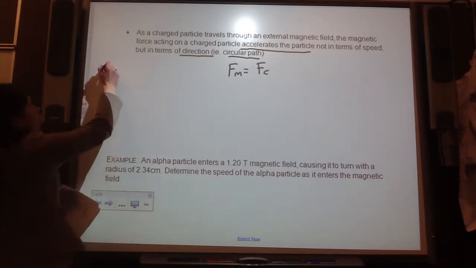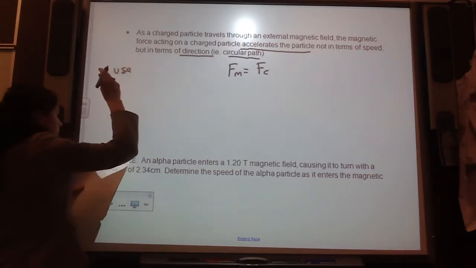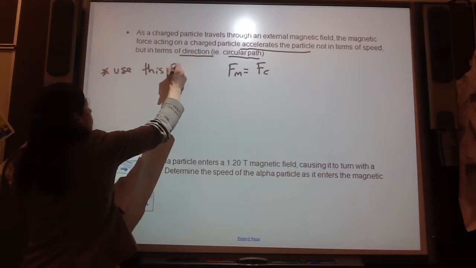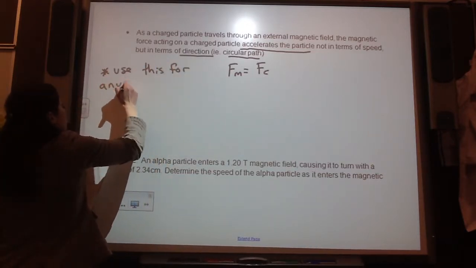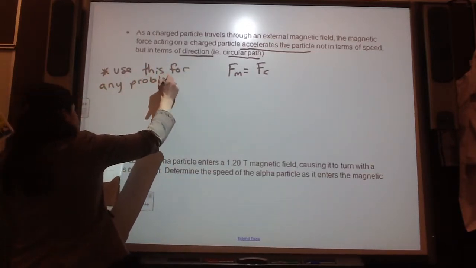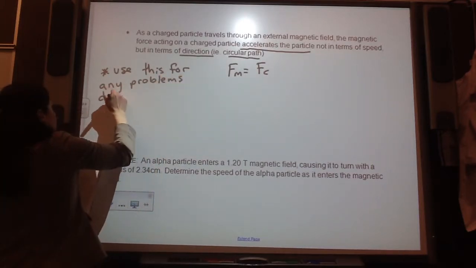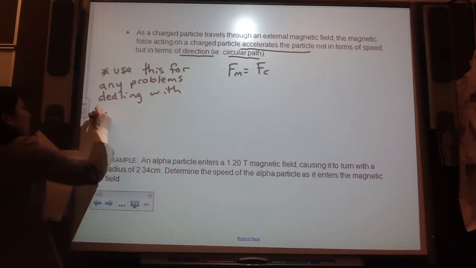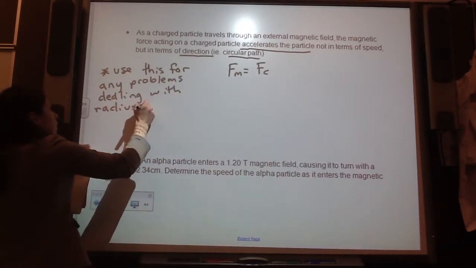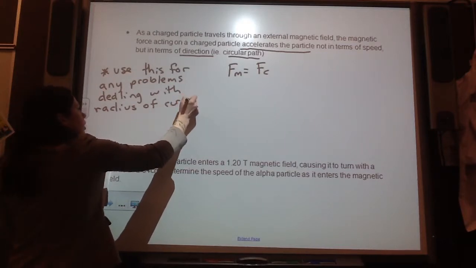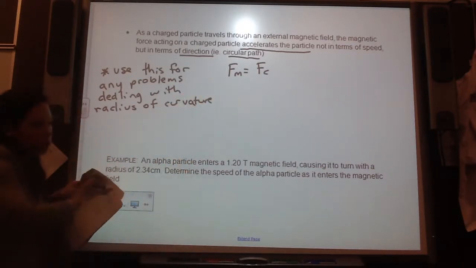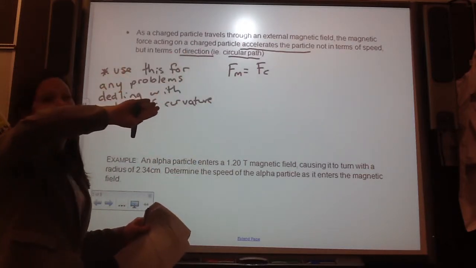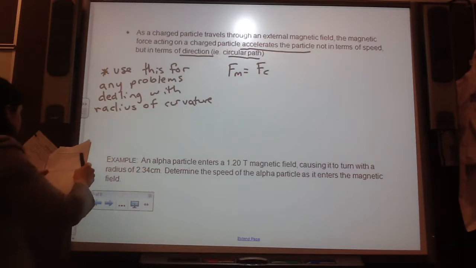So, let's make a note. Just as Lisa's saying, can we use this rule? Yes. So use this for any problems dealing with radius of curvature, because if it starts to curve around, we can find its radius since we know it's going to go, if it had the opportunity, in a full circle.